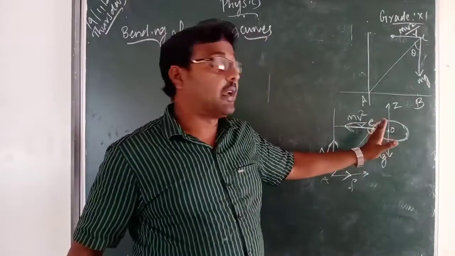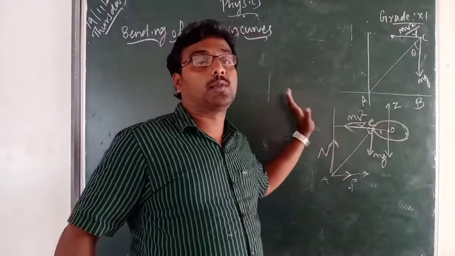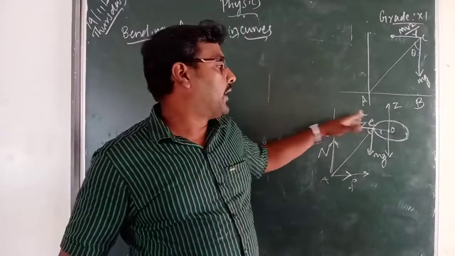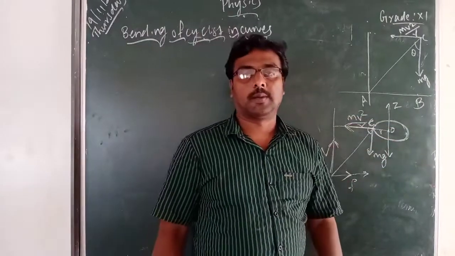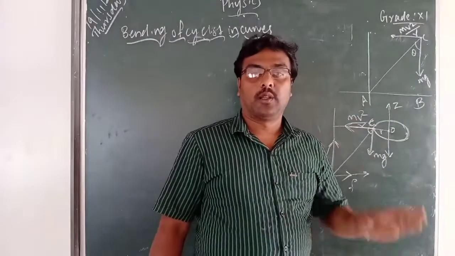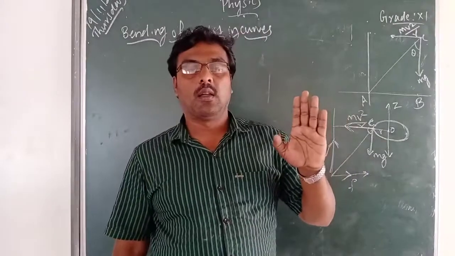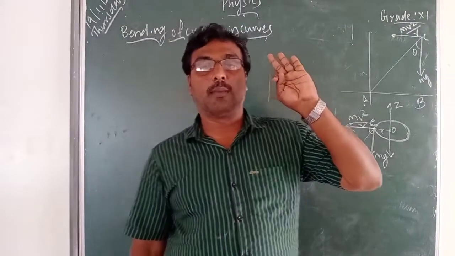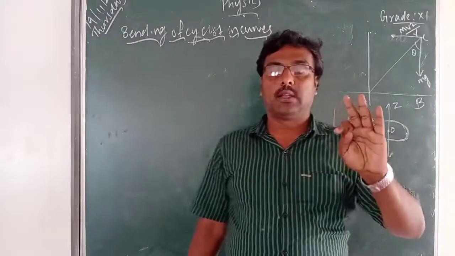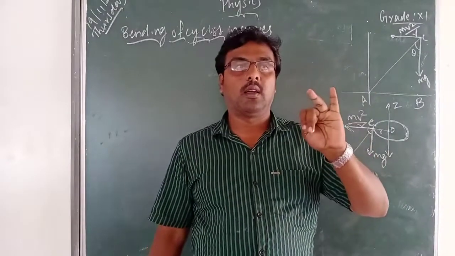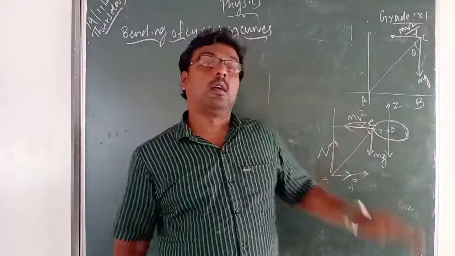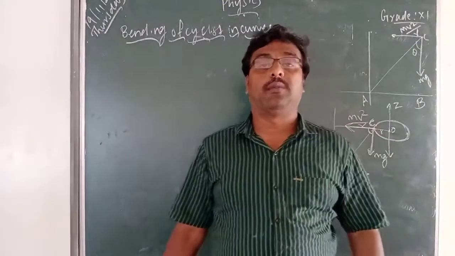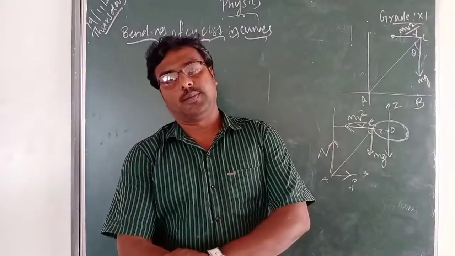The centrifugal force mv square by r acts as it goes in circular motion. So what are the four forces acting here? Upward normal force, downward gravitational force mg, frictional force F, and centrifugal force mv square by r.